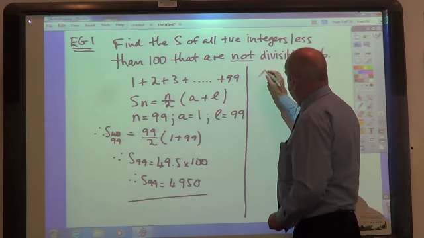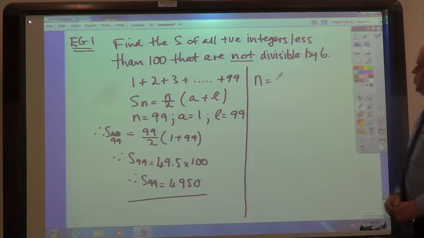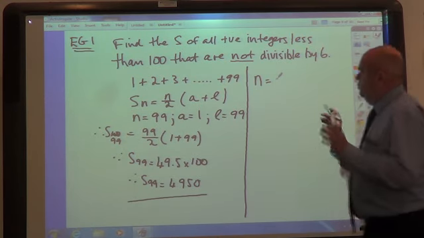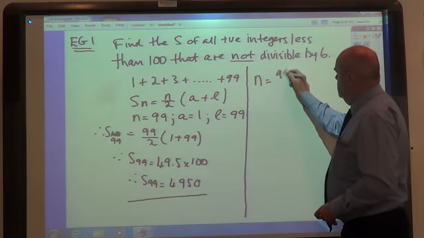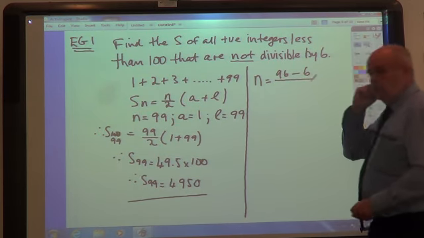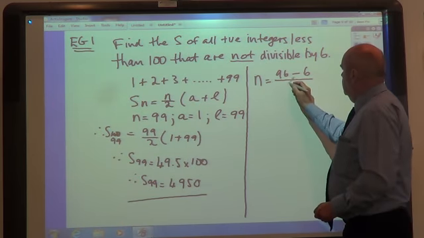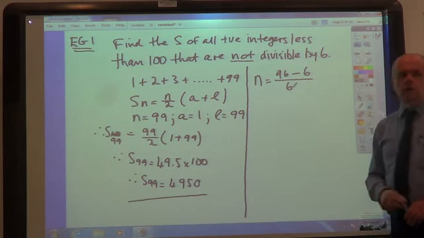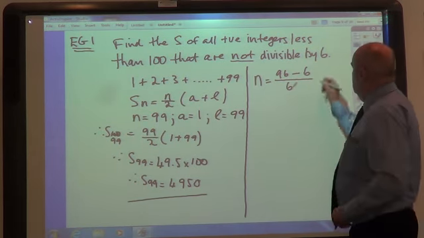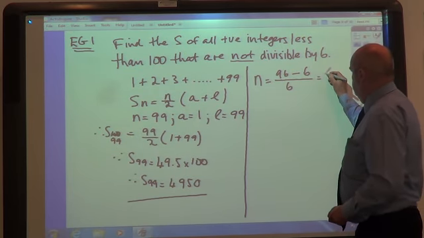So let's have a look at n. n equals, we've discovered that the last term in the series of integers that are divisible by 6 between 1 and 99 will be 96. So from that I'm going to subtract the first term that's divisible by 6, that'll be 6 itself, and divide by the common difference. And the common difference is plainly 6. It's going up by 6 every time, multiples of 6. Okay, so that's going to tell me that my answer is 15.